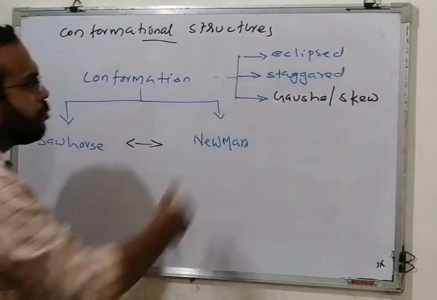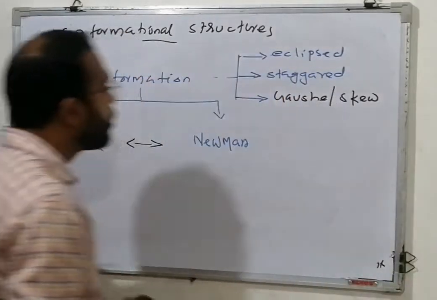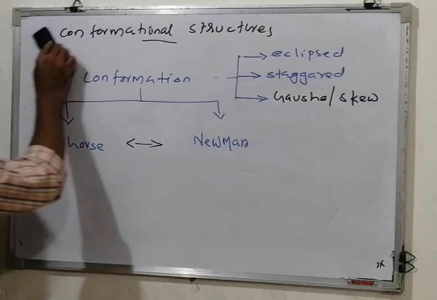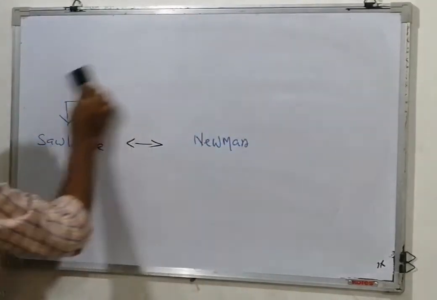Fine. I'm not going into this part in detail. Here our idea is how to represent Sawhorse and Newman ways.